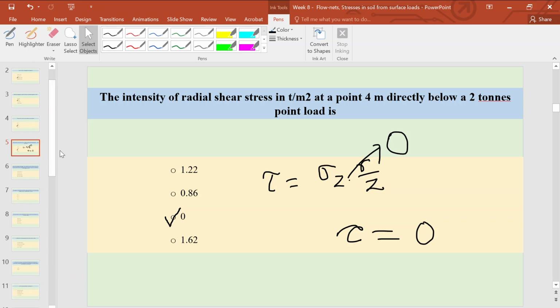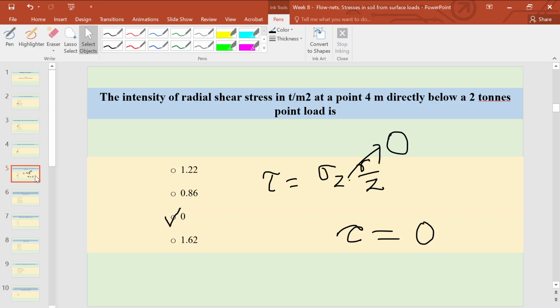Sir, r by z can be greater than 1 and less than 1, possible, na, sir? Equal to 1 also possible? Yes. Suppose the depth is 5 and radial distance is 2, r by z is less than 1. But suppose the depth is 5 and radial distance is 10.